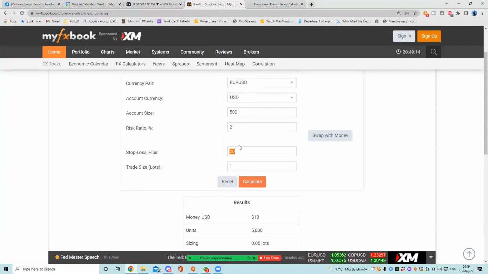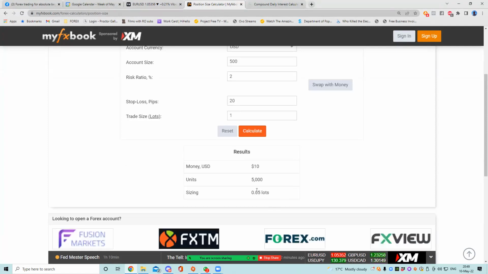Only once we have all of these variables can we get the lot size. Once we have the lot size, we can enter a trade. And tomorrow's workshop is going to show you really how we take trades, okay? How we input these numbers into our trading app.